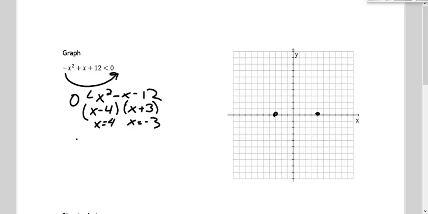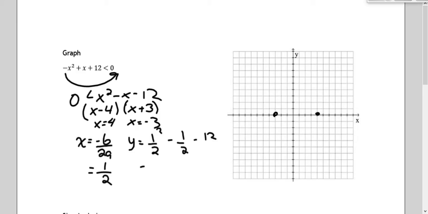Vertex: x is equal to -b over 2a, which is 1 over 2. y is equal to 1/2 squared minus 1/2 minus 12. This gets us to 1/4 minus 2/4 minus 48/4.